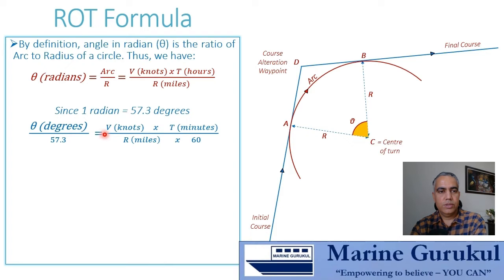Going to the right hand side, we have the speed v in knots multiplied by time t in minutes. So this time has been converted into minutes now instead of hours, and this t minutes divided by 60 gives us the same value as the time in hours.